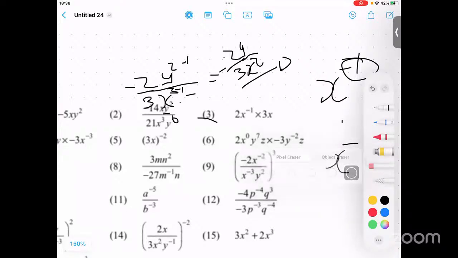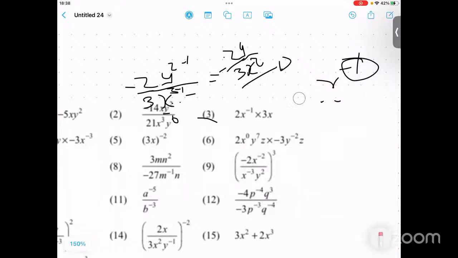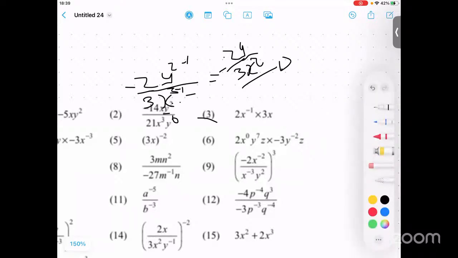Rosemary, was that you? Okay. Mukundi, you said you multiplied the coefficients and got 6, and you multiplied the x and added the exponents. How did you work out the exponent? So you're saying we have 6, Mukundi? Yes, ma'am, I got 6.